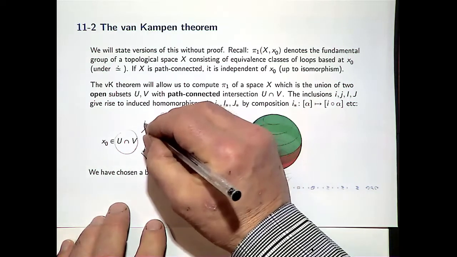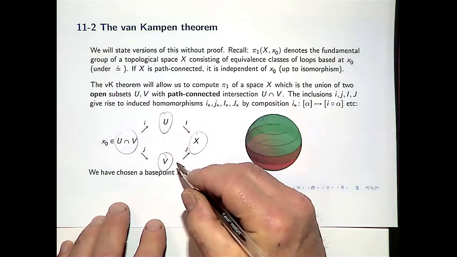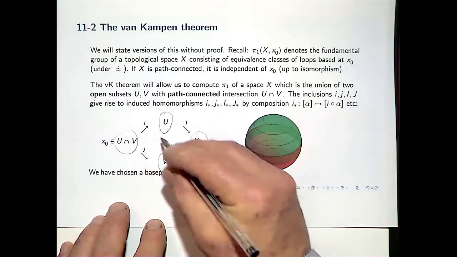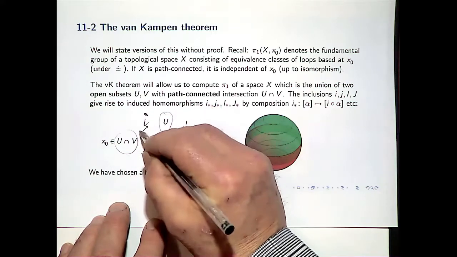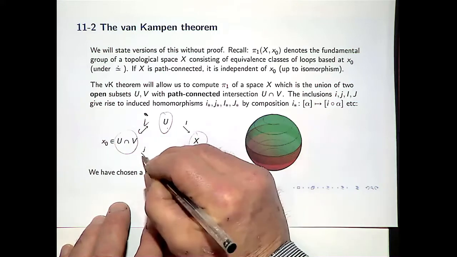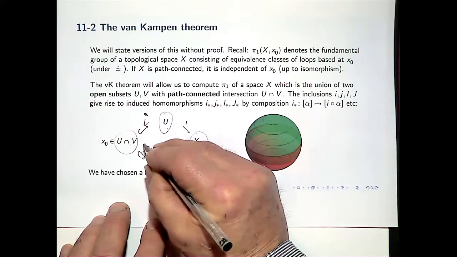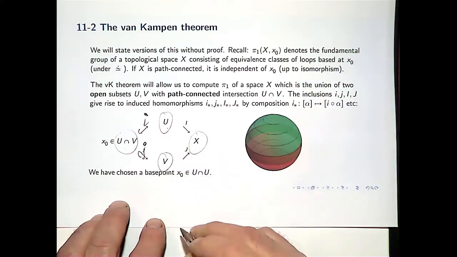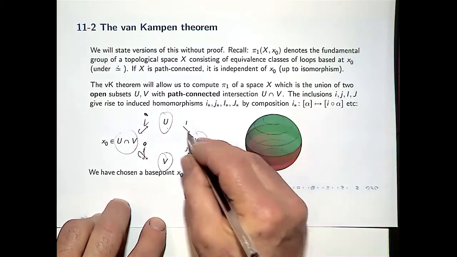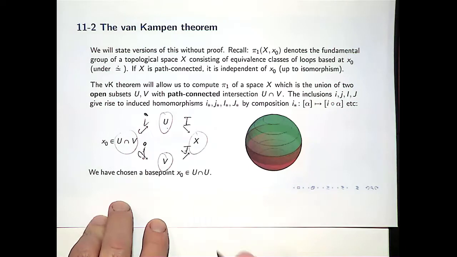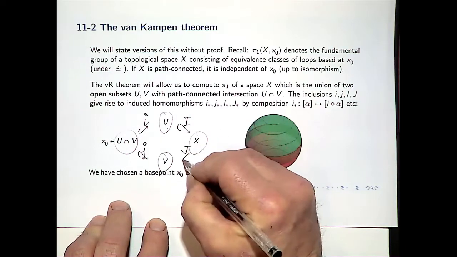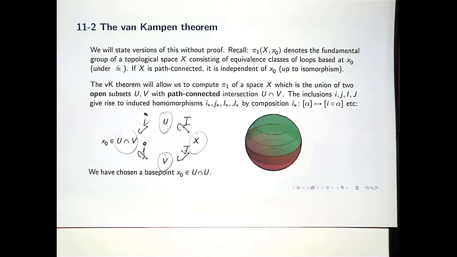So we need names for the inclusion maps. The intersection is a subset of U. It's also a subset of V. And then we've got other maps, if we need them, capital I and capital J, that are the inclusion maps of these subsets in the big space.